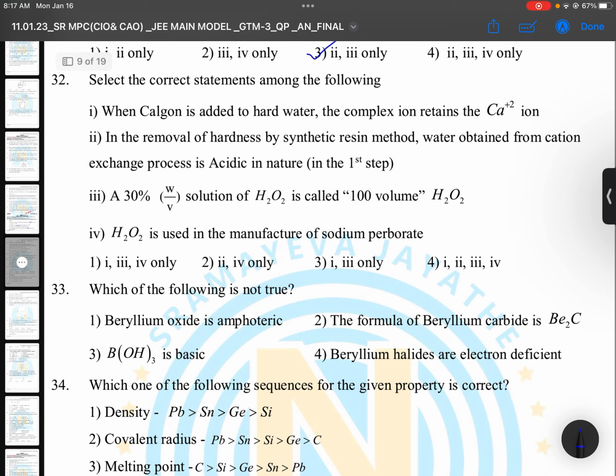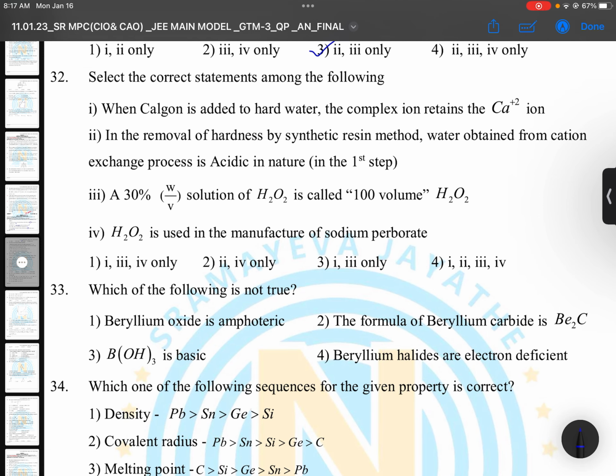Select the correct statements among the following. When calcium is added to hot water, the complex ion retains the calcium plus 2, right?